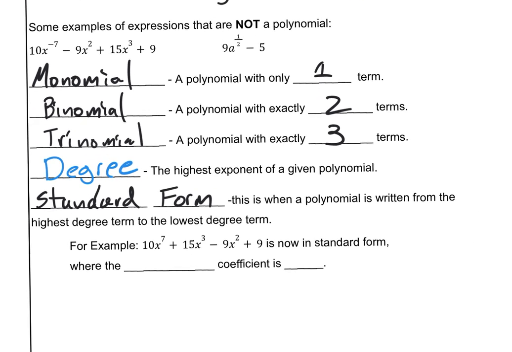So if we were to reorganize that, like I have here, this is now in standard form, okay? Because it went from the highest degree of 7, then 3, then 2, then 0. And we could say the leading coefficient is this leading coefficient. This coefficient in the front is 10.